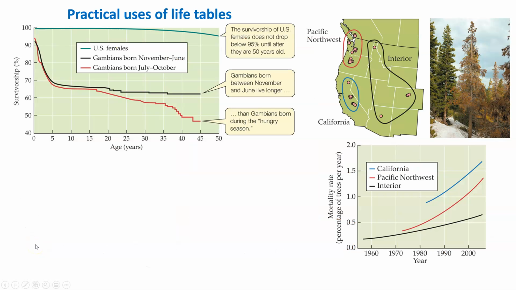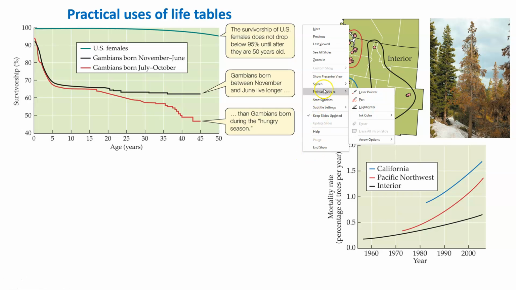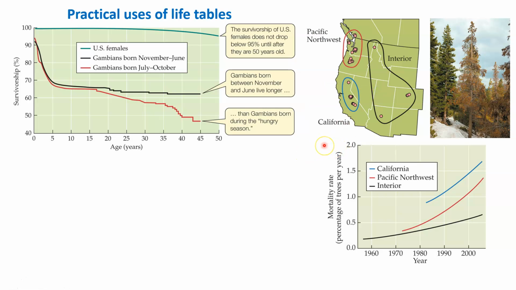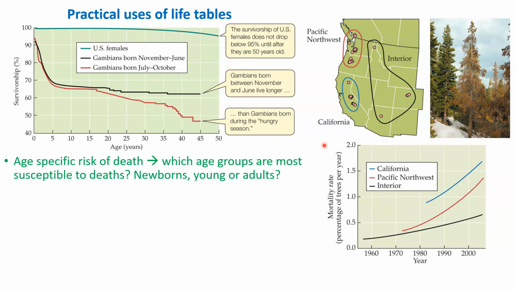Right, moving on. So what are the pragmatic values of life tables, right? Why do we construct them, right? They are mathematically burdening. They're kind of fun, at least from my point of view. Like, well, why do we do that?